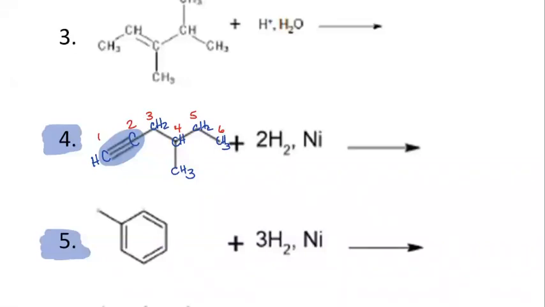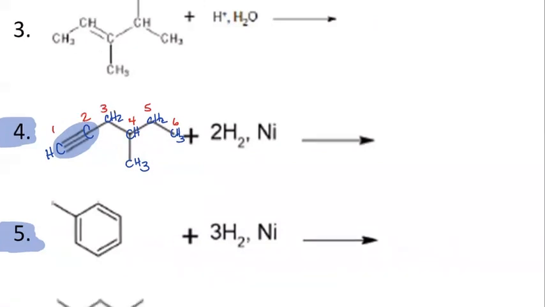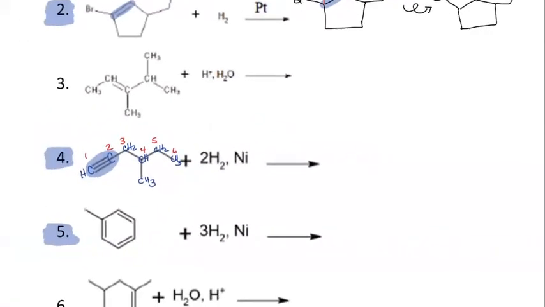So understand that when I'm drawing the product, I need to illustrate those 6 carbons, so I cannot drop the carbon. 1, 2, 3, 4, 5, 6.